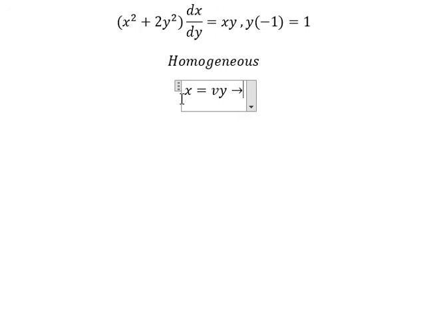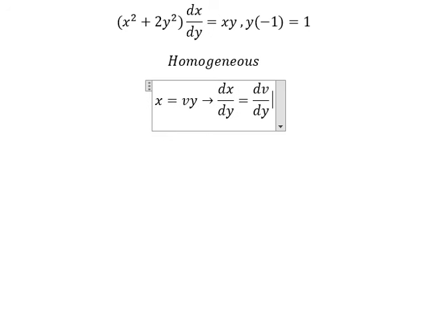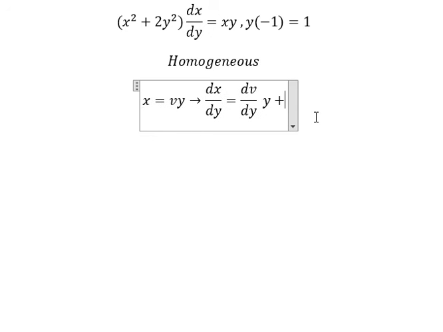If we do the first derivative for both sides, we have dx over dy. The first derivative of v, we have dv over dy. And we have y in here. The first derivative of y, you get 1, so we have v.